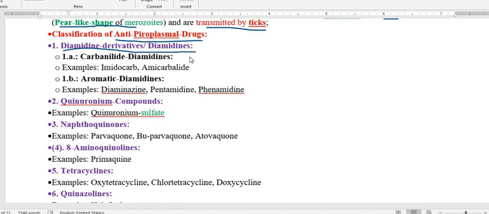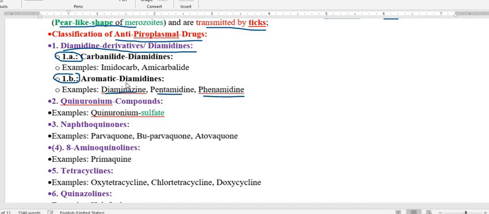anti-pyroplasmal drugs. And the drugs that are classified under anti-pyroplasmal drugs are diamidine derivatives, or diamidines. The diamidine derivatives are again subdivided into two types: carbanilide diamidines and aromatic diamidines.